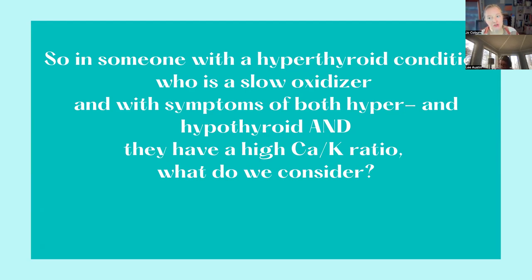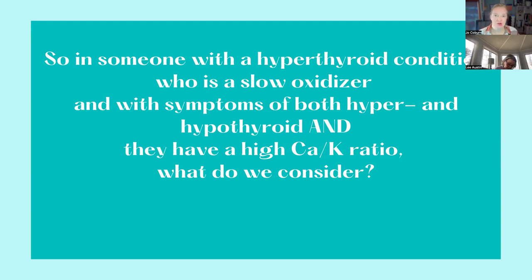Why would they have a slow oxidizing pattern or a slow metabolic pattern? That's opposite, and they have symptoms of both, and then they have a high ratio, which means they should be hypo, not hyper. What other things are we going to be looking at?